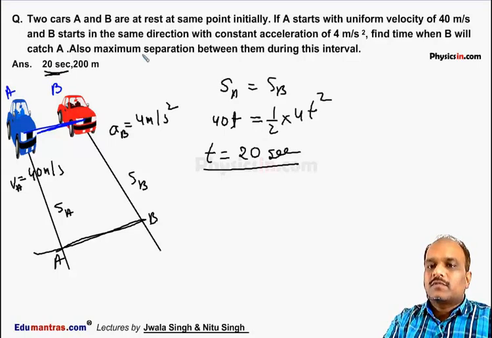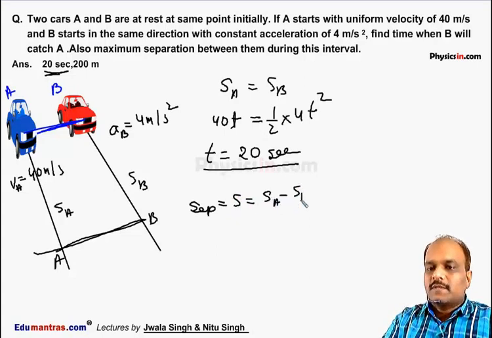Now the second part is to find the maximum separation between these two cars during this interval. Let the separation be S, which is equal to SA minus SB. So separation S is SA, which comes out to be 40 into T, minus SB, which is 1 by 2 a, that is 4 into T square.